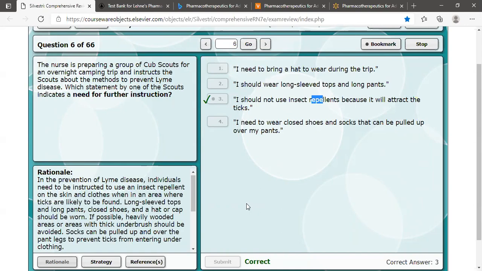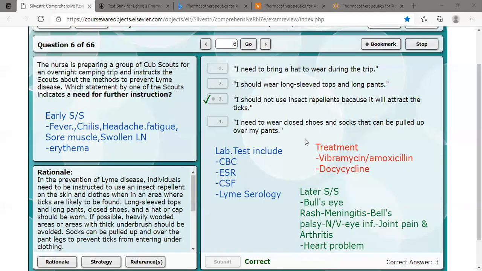And let me explain. So if the patient develops Lyme disease, or if the patient is bitten by the ticks, so they develop some signs and symptoms.